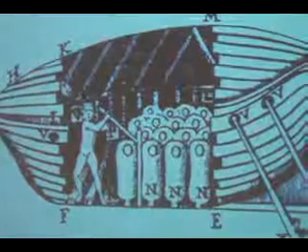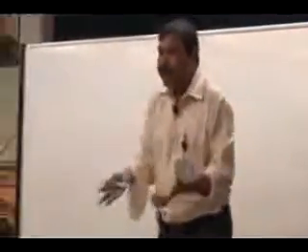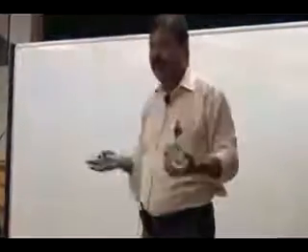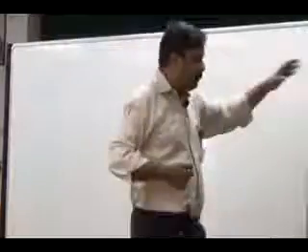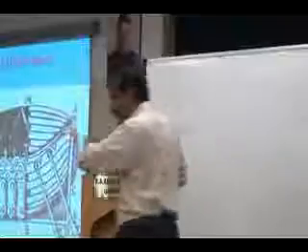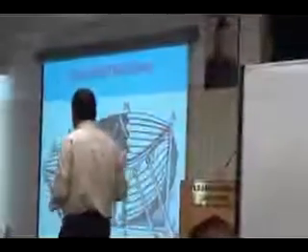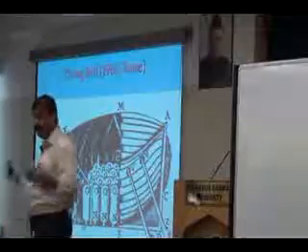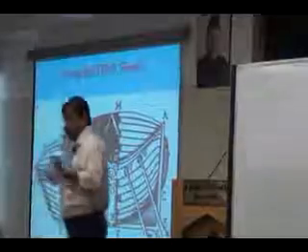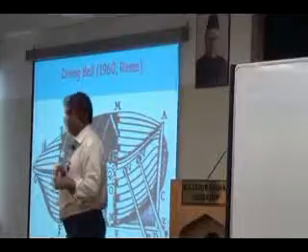You don't have any control over the buoyancy, but I can offload some weight, thereby bringing it up or taking it down. The figure depicts somebody reducing some weight from a submarine. That is the idea behind having a buoyancy control.